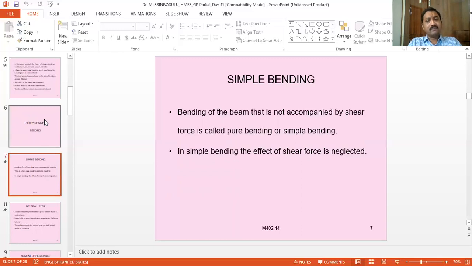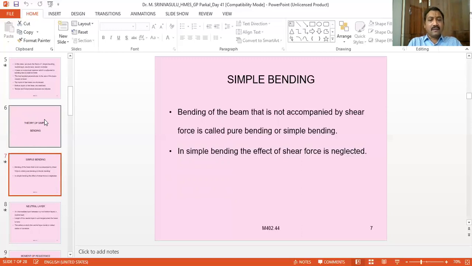That means here only the bending of the beam due to the external loads is considered. There is no question of considering the shear force and its contribution to the bending.